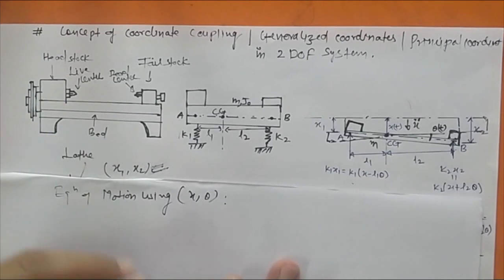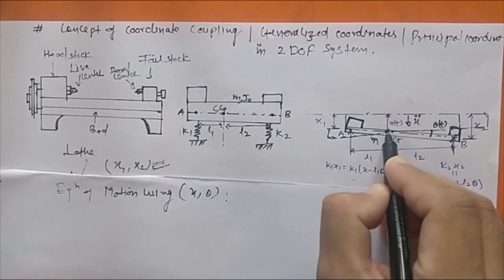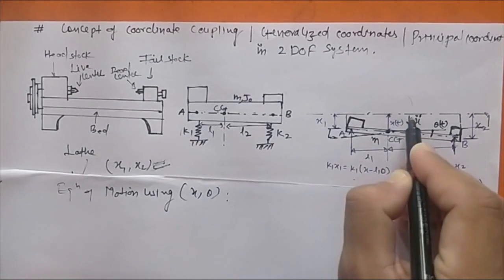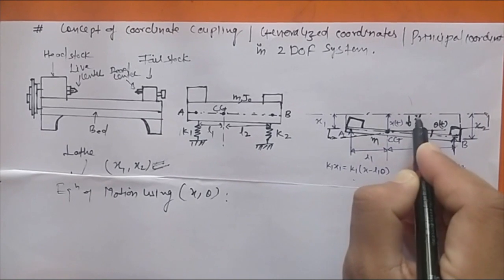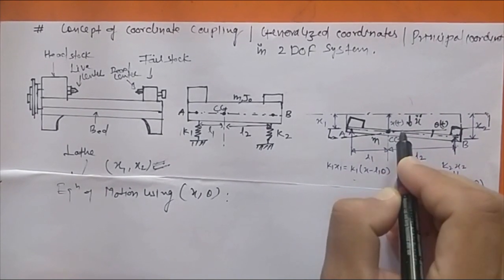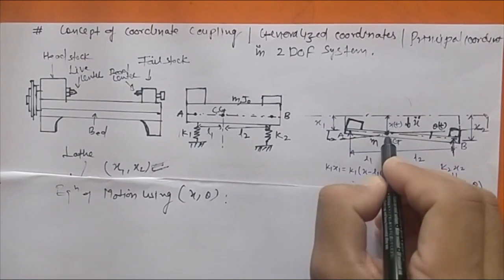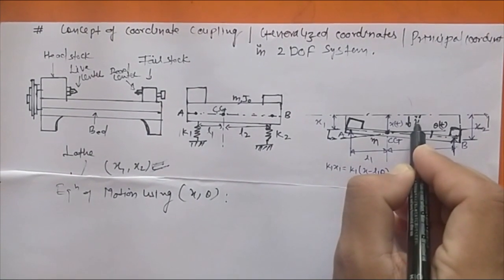So now if x is the linear displacement of CG in this direction, then this would be the direction of x double dot, the second derivative of its linear displacement, and there would be an inertia force in the direction opposite to x double dot.